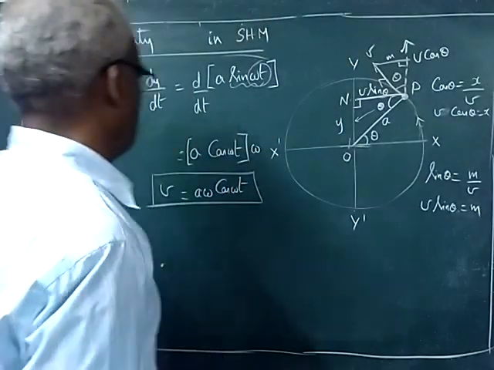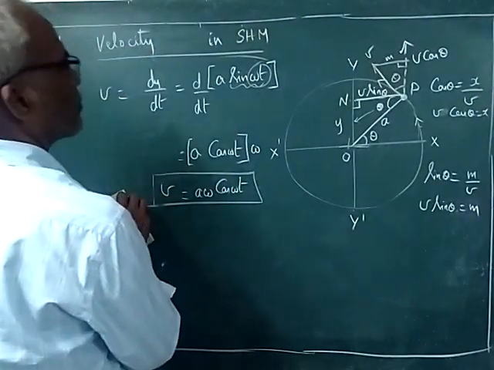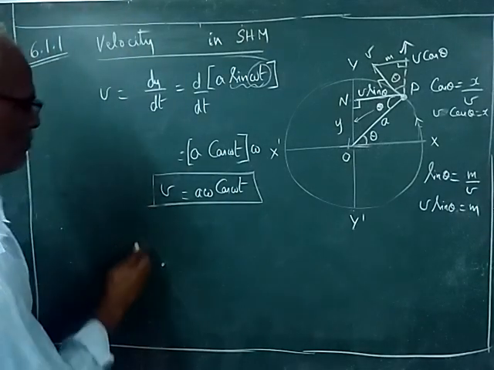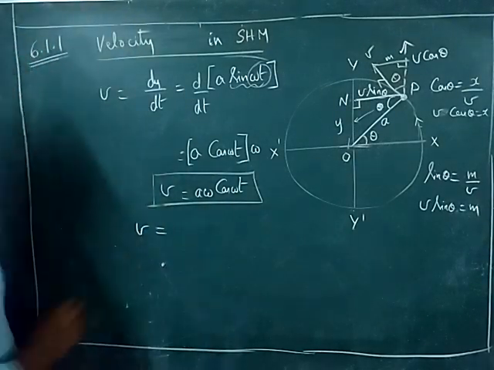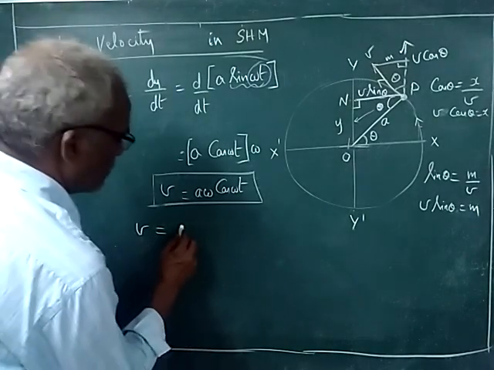So the velocity v along the vertical direction is v cos theta.